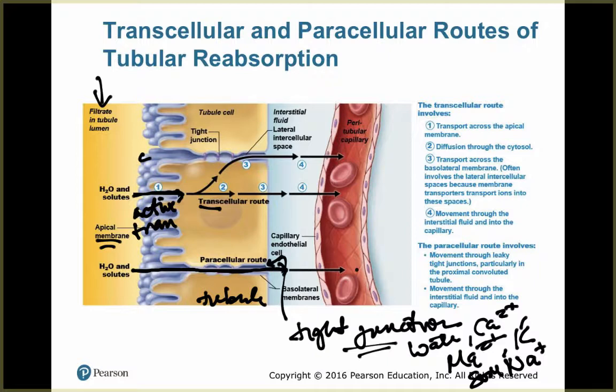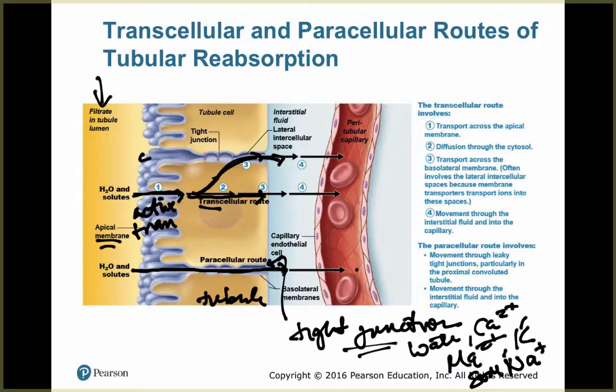And so basically, they go across the apical membrane, they diffuse across the cell, and then either they can diffuse over here and go into the intercellular space, not going past the tight junction, and go out and then diffuse across and into the capillaries.